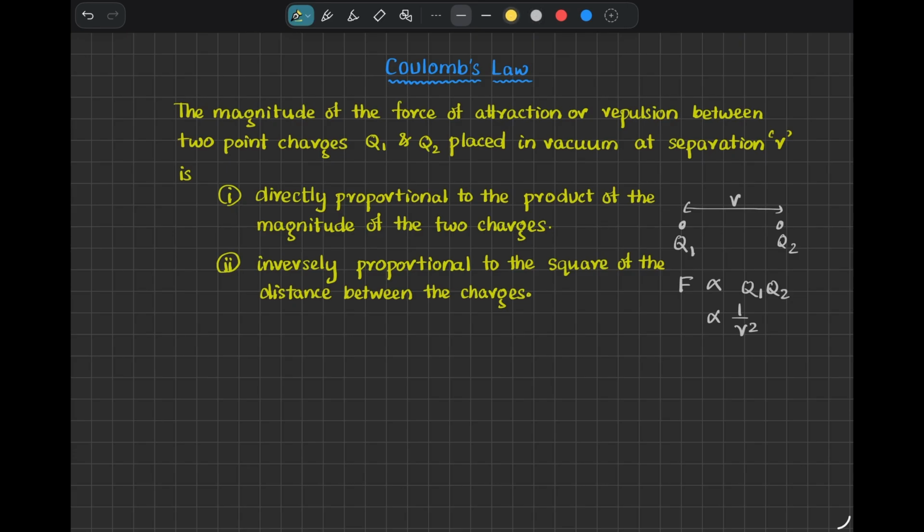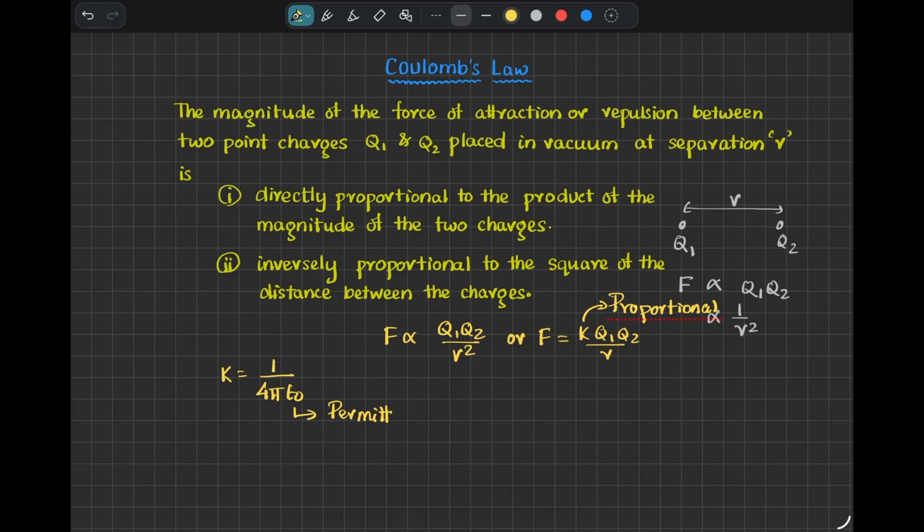Hence, we can say this Coulomb's force F is proportional to q1 q2 by r square, or we can say F equals k q1 q2 by r square, where this k is a proportionality constant. Now, what is the value of this proportionality constant? We say the k value is given by 1 by 4 pi epsilon naught, where this epsilon naught term is called the permittivity of free space.